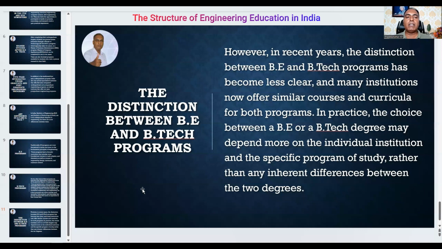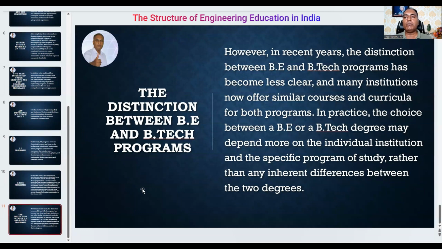But what has happened in recent years is that the distinction between BE and B.Tech programs has become less clear, and many institutions now offer similar courses and curricula for both programs. In practice, the choice between a BE and B.Tech degree may depend more on the individual institution and the specific program of study rather than an inherent difference between the two degrees.